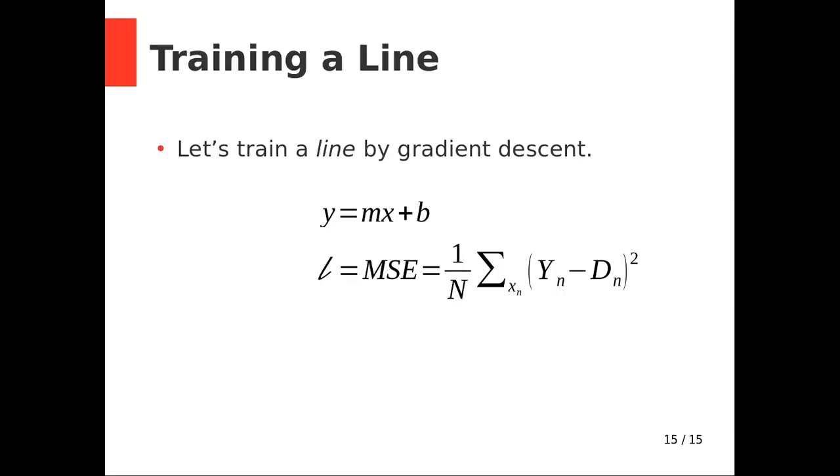All right, so a final little thing. Let us train a line by gradient descent. So, again, that should be L. I'm going to use the mean squared error, which is this. Don't worry about it. Notice that basically it's supposed to be a 1/2 there. Whoopsie. So true to the name, we compute the error, right?